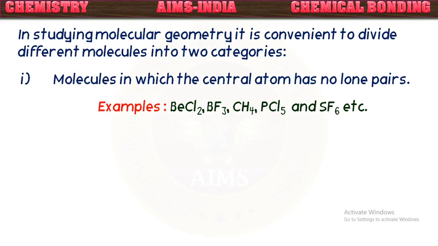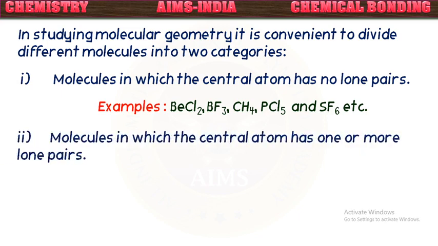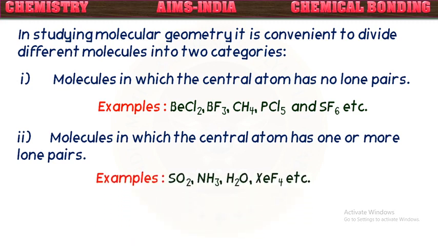The second category is molecules in which the central atom has one or more lone pairs along with the bond pairs. For example, sulfur dioxide, ammonia, water, xenon tetrafluoride, etc. In all these molecules, the central atoms have bond pairs along with one or more lone pairs of electrons.